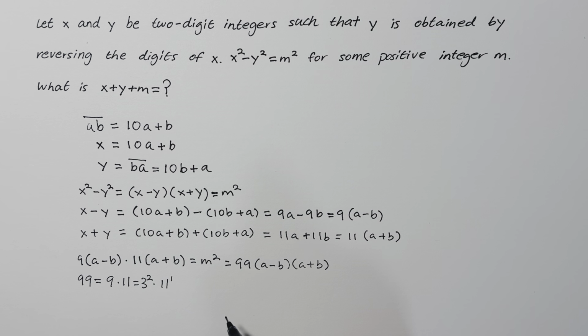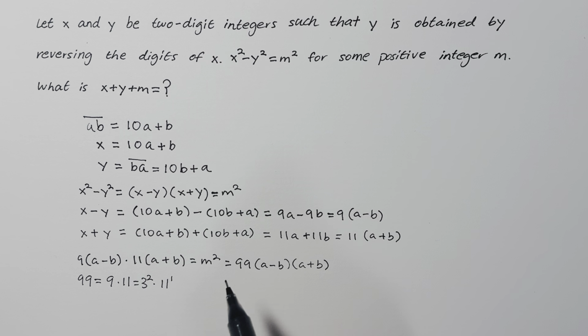So our equation is going to be 3 squared times 11 times A minus B times A plus B. For the entire left side to be a perfect square, every prime factor in its prime factorization must have an even power. So the 3 squared is already a perfect square.